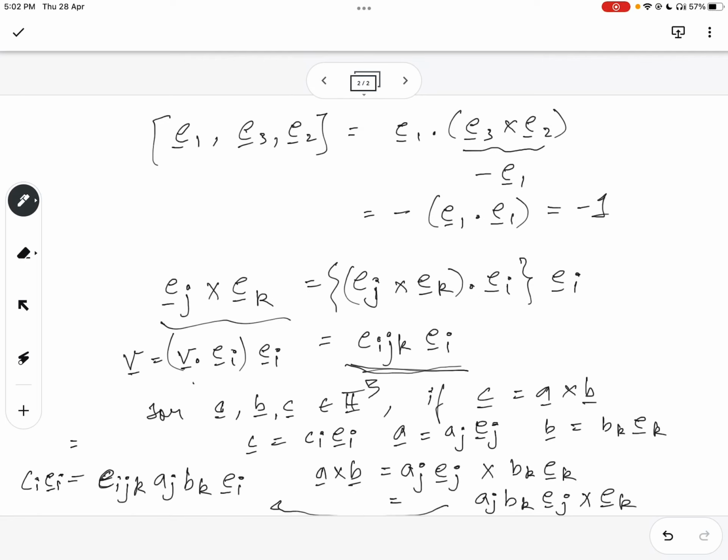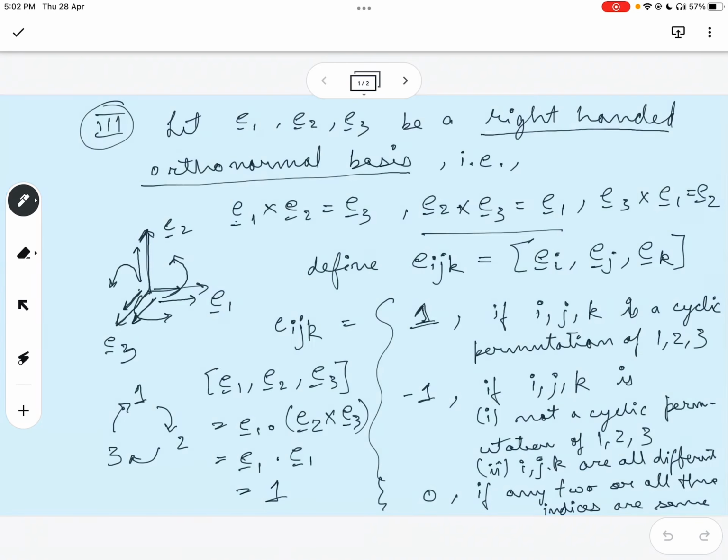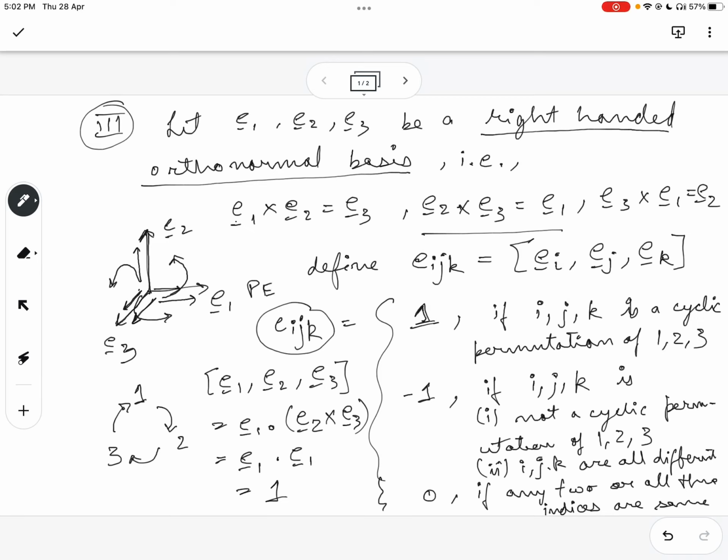That means Ci is equal to Eijk Aj Bk. So the components of the vector C, if C is defined as A cross B, can be written easily in terms of the permutation symbol. This Eijk is known as the permutation symbol.